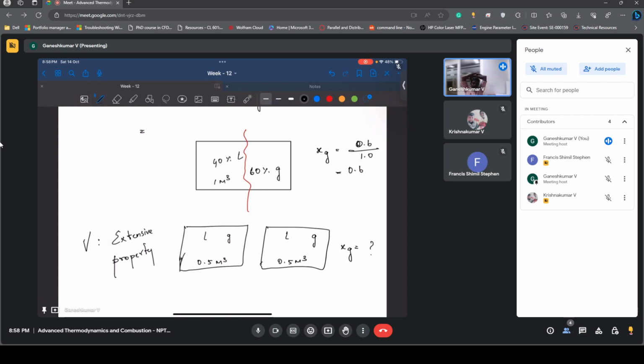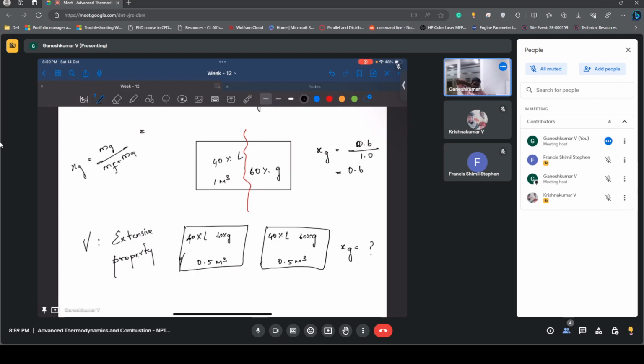When we defined the system, we defined it as 40% and 60%, which means 40% liquid is uniformly distributed and 60% gas is uniformly distributed. Under that assumption, when you divide it, you again expect the same 40% liquid and 60% gas in each, but the exact mass amount is different. Similarly, xg is mg by mf plus mg.